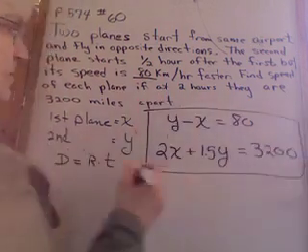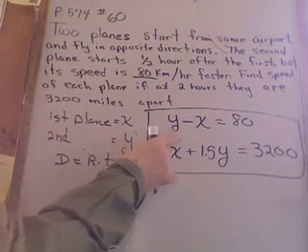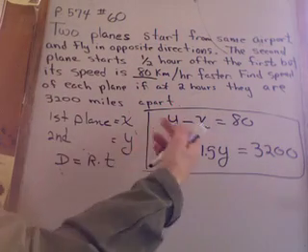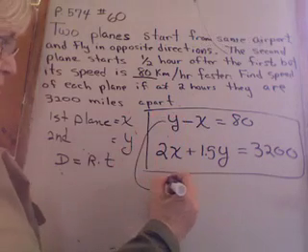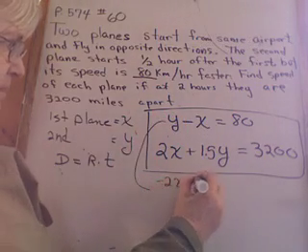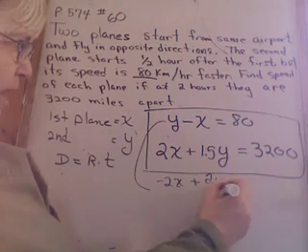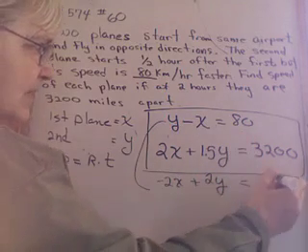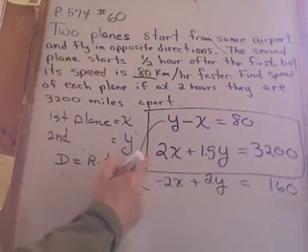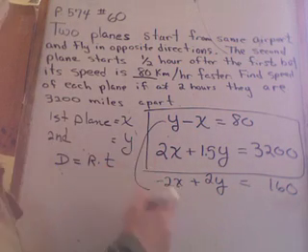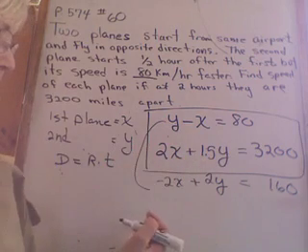And you know how to solve a system, right? I could multiply the first one by 2, and let's switch the variables a little bit. So if I times that one by 2, it'll give me negative 2x plus 2y equals 2 times 80, 160. Oh boy, now we're easy. If I add these two equations, the x's disappear, right?